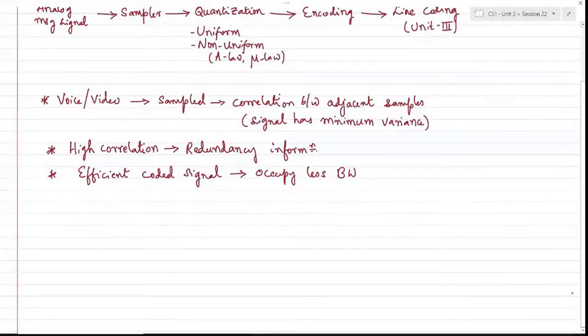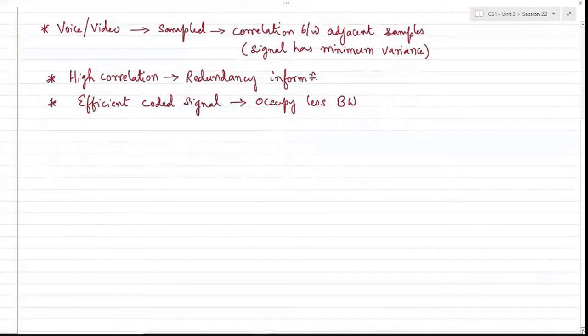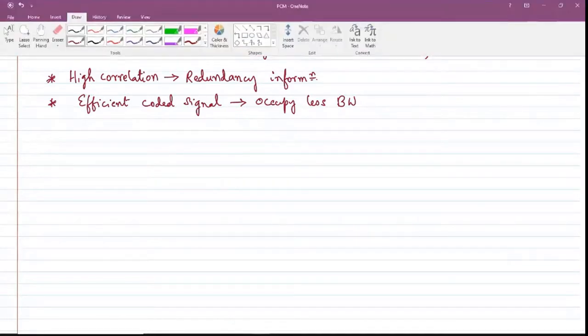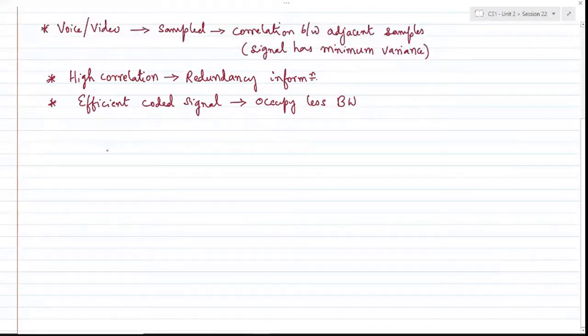So with this idea behind, how do we try to reduce the bandwidth? The first type of this process or system is known as differential pulse code modulation.